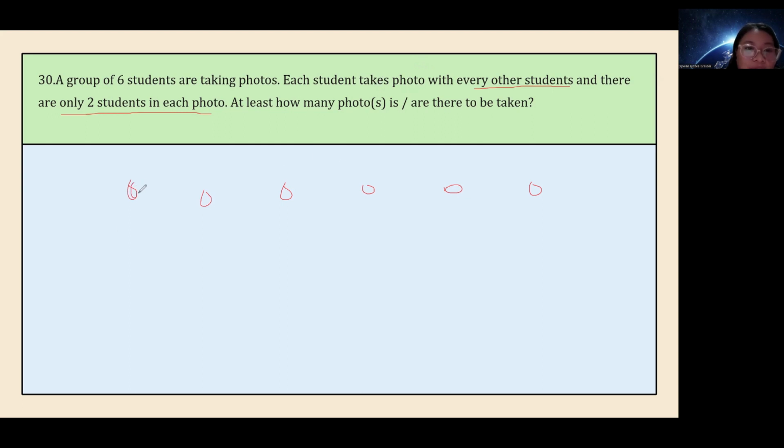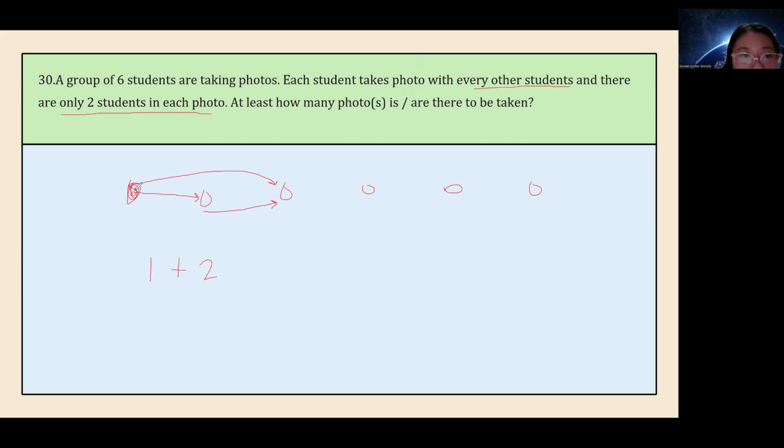So let's have this student here as our basis. Okay? So if this student wants to take a picture with this student, that's 1 photo. Now, if this student wants to take a picture with this student here and also this student here, that's 2 photos.